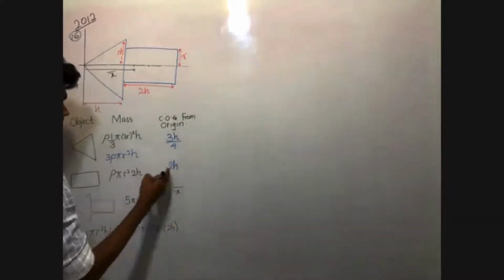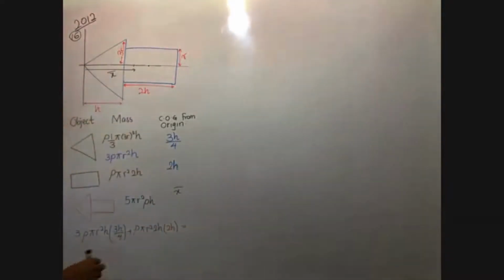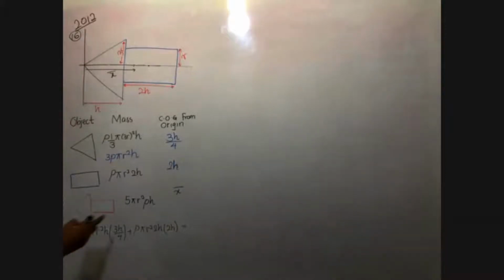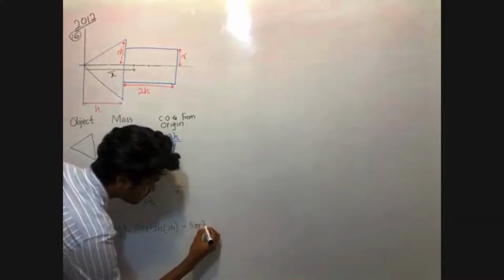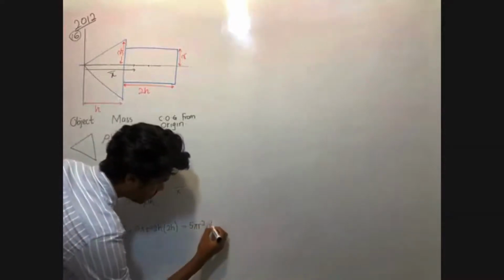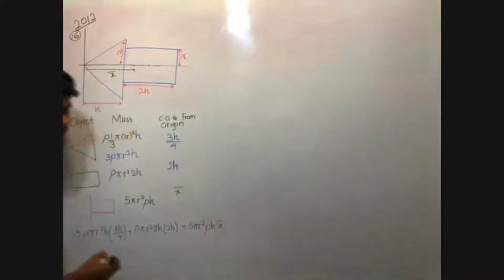This product is equal to what? Equal to this product: 5 r squared rho h x bar.